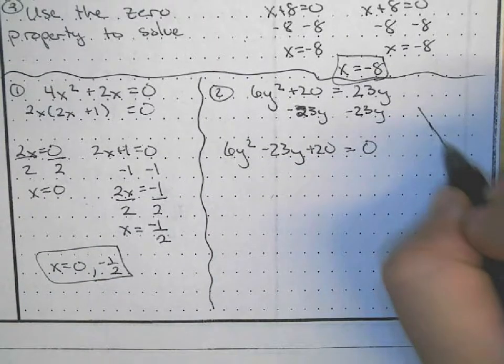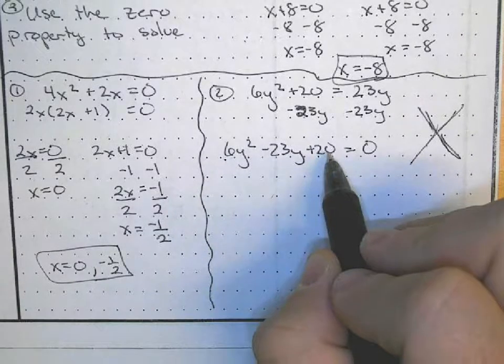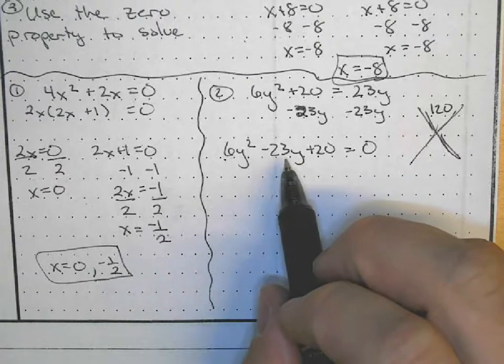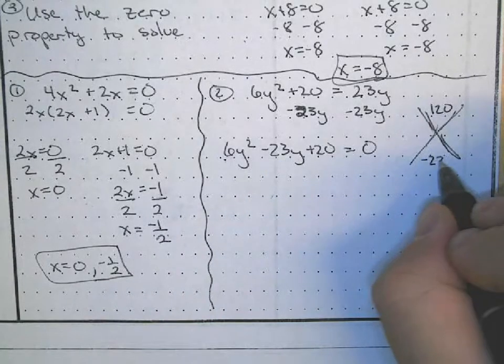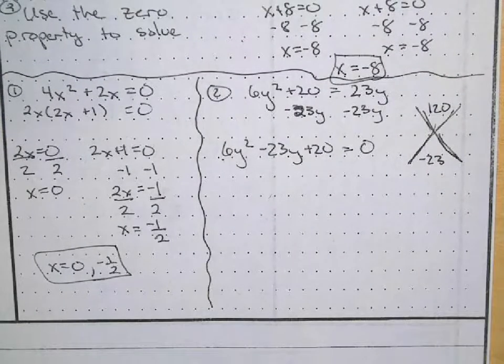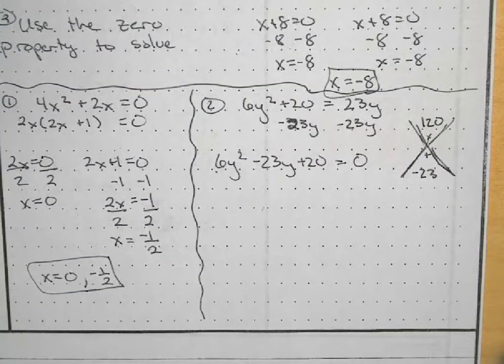So I'm going to use my AC method, do my side work over here to the side. 6 times 20 is 120. And then we have negative 23 in the middle. We're looking for two numbers that can multiply to 120 and add to negative 23.